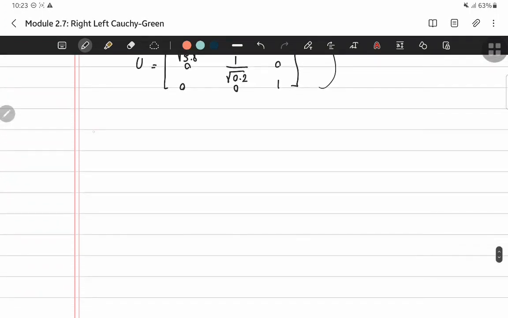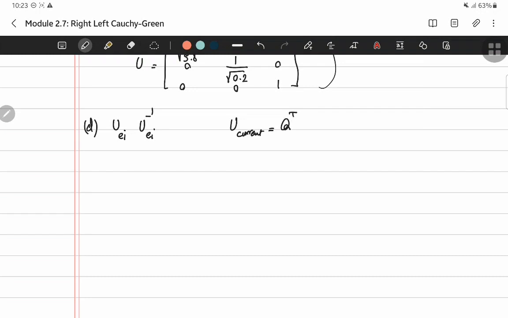Then the book says, find U and U inverse with respect to e_i, or the reference configuration. If you remember from the first module, we had a transformation. If you have U in the current configuration, or U prime, it is equal to Q transpose U Q, where U is a second order tensor.